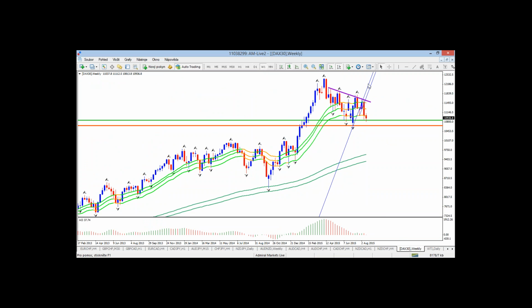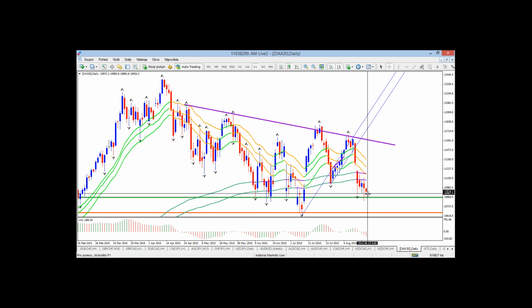If it breaks through that support, then yeah, there is that chance to fill this space between the long-term and the short-term moving average. Otherwise, this could be a bouncing spot to stay in this range, for instance.